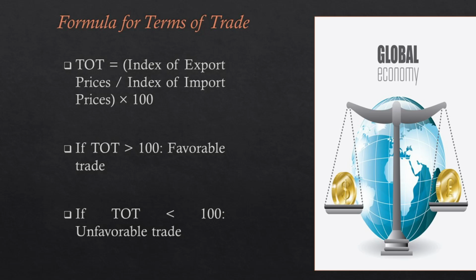Why? Because the price of its imports are higher relative to its exports. Now, how it is going to affect the economy? So in this situation, the country must export more goods to afford the same quantity of imports.